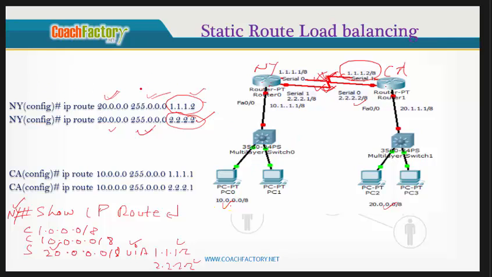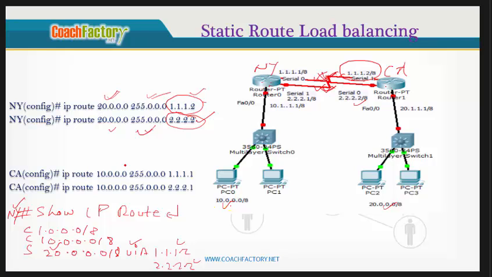By default, we have something known as the administrative distance value. What is administrative distance? With every routing protocol, whether static or dynamic routing, every routing mechanism has a value known as administrative distance. It is the trustworthiness of the protocol.